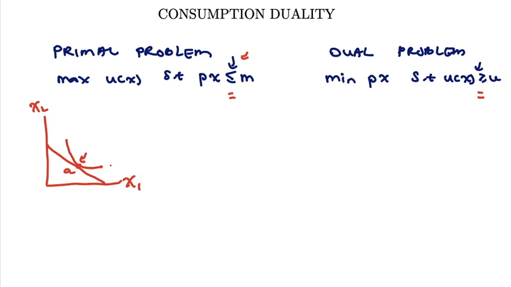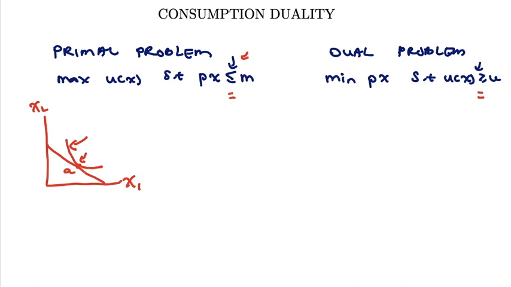So here, for the dual problem, we fix utility, and then we can play around with cost. So here, we opt to spend as little as possible to reach the desired level of utility. Let's say we want this utility, so we try to spend as minimum as possible.